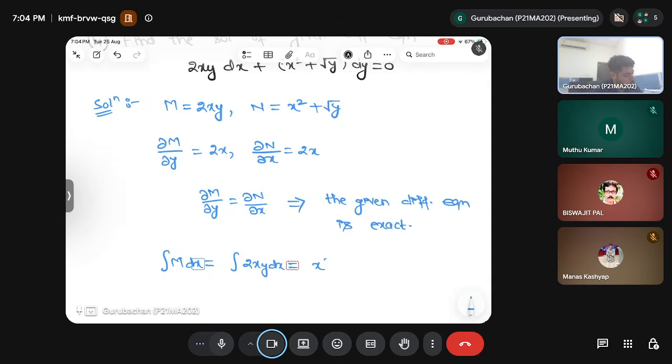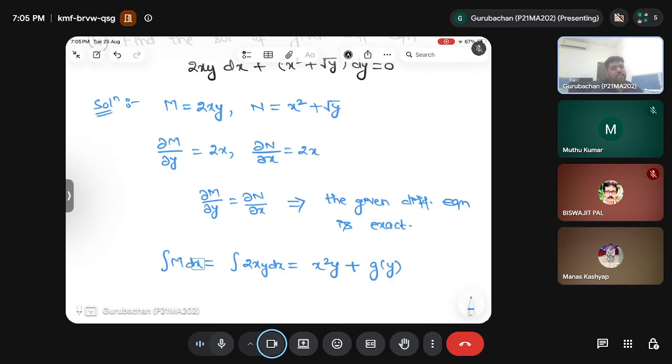So it will be x square y plus a constant. Will the constant be in terms of any parameter or independent variable or not? Tell me. I am integrating with respect to x, so your arbitrary constant will be a function of y.